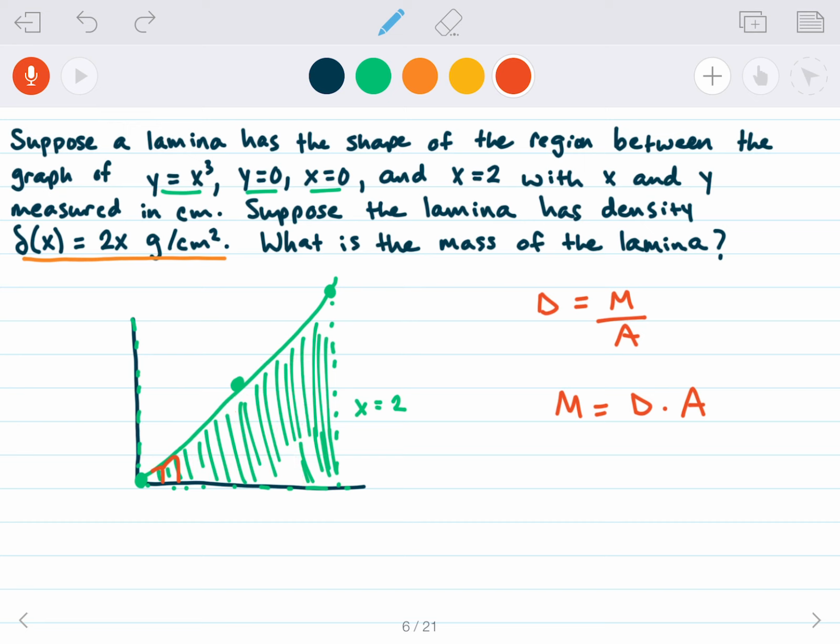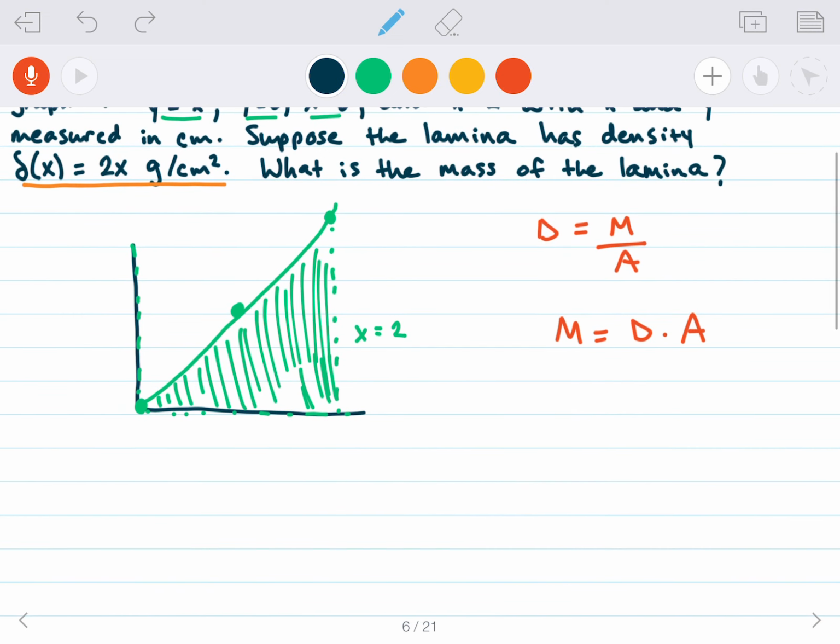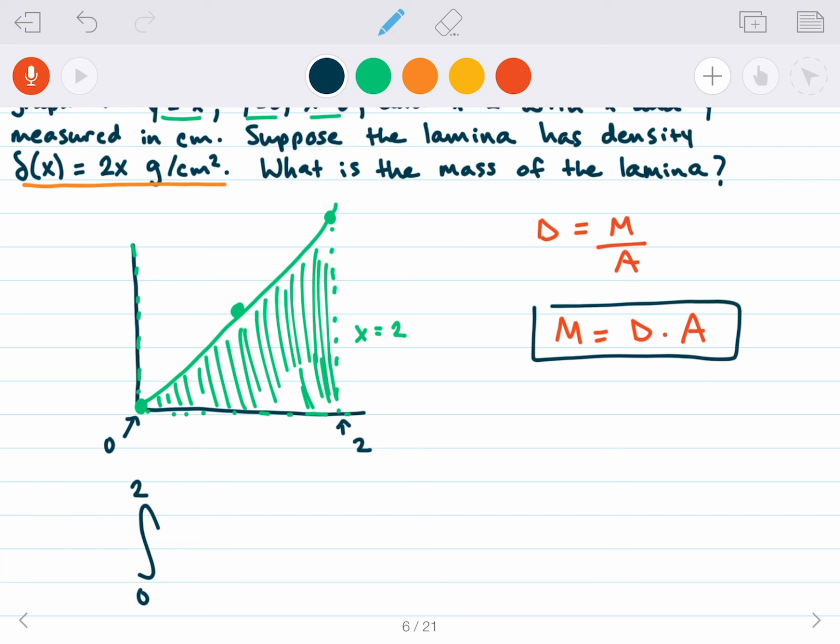So let's set up our integral. Where are we starting and where are we ending? Well, we're starting right here. That's where my region starts, at x equals 0. And then I'm ending right here at x equals 2. That's where my region ends. I'm trying to sum up all the little masses.